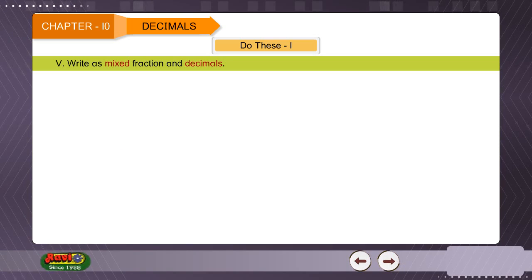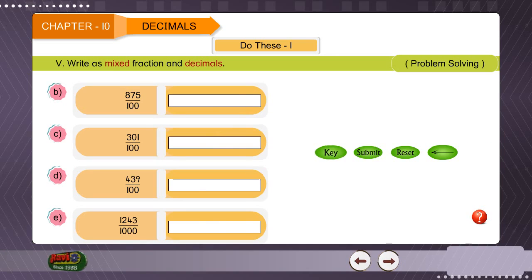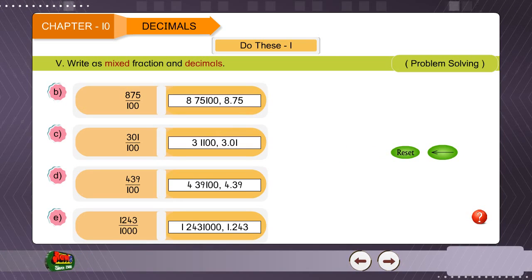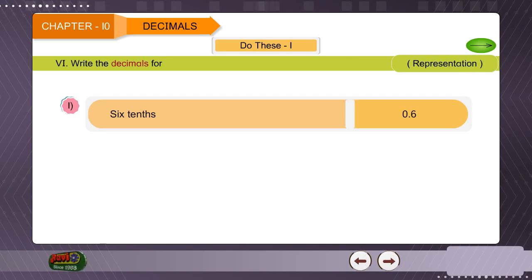Write as mixed fraction and decimals. Problem solving. 6. Write the decimals for representation.